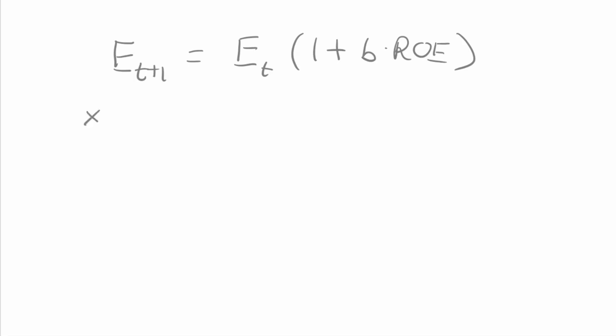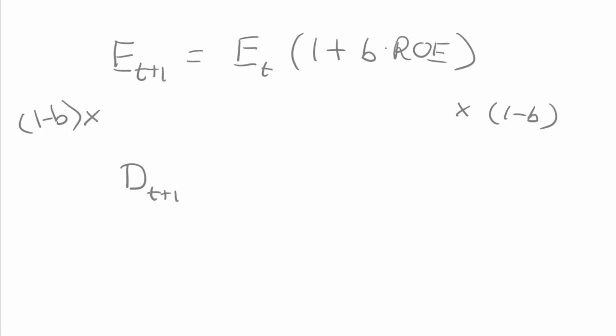So E_t plus 1 is equal to E_t times 1 plus B times ROE. So if we multiply both sides of this equation by 1 minus B, we get dividends.